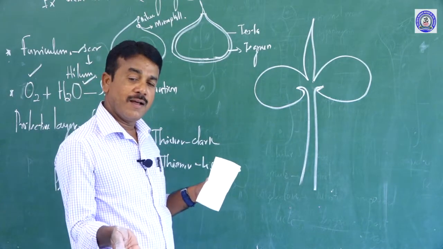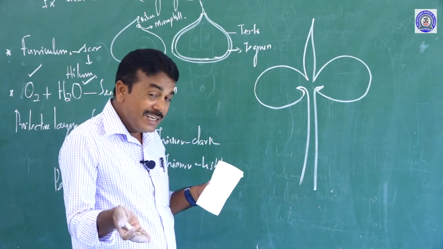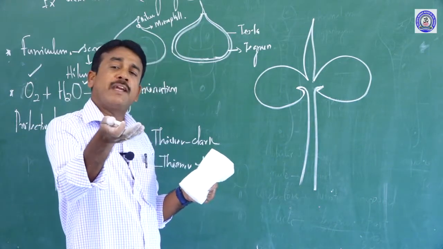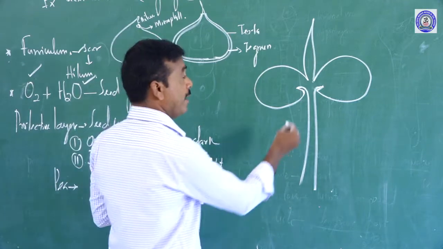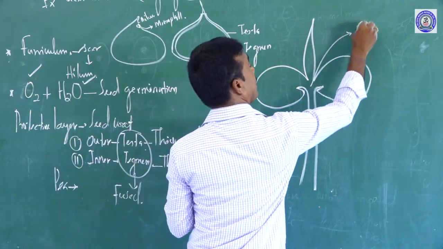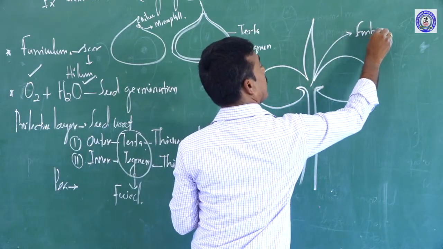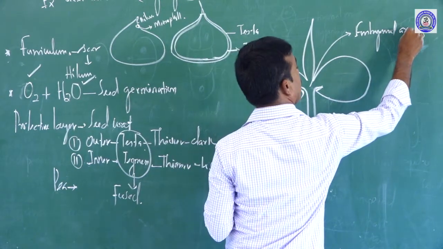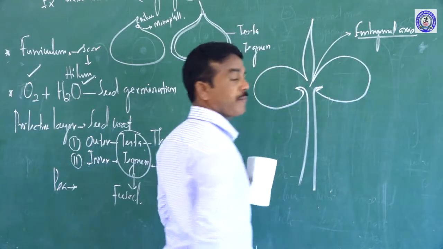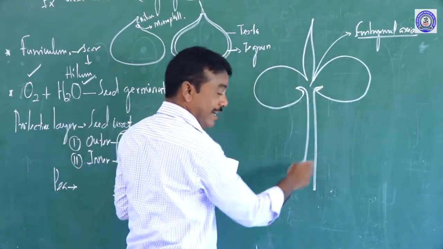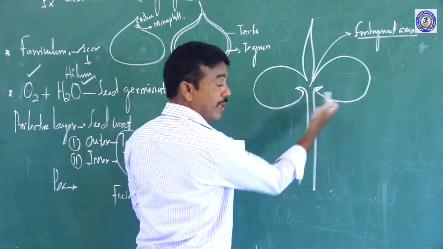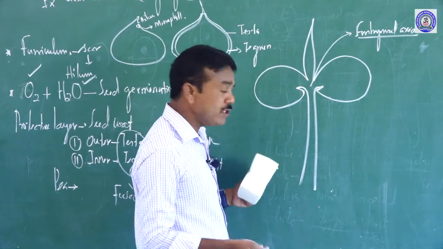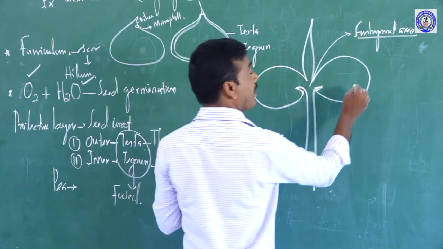On the lateral sides of this embryonal axis, two cotyledons are there.